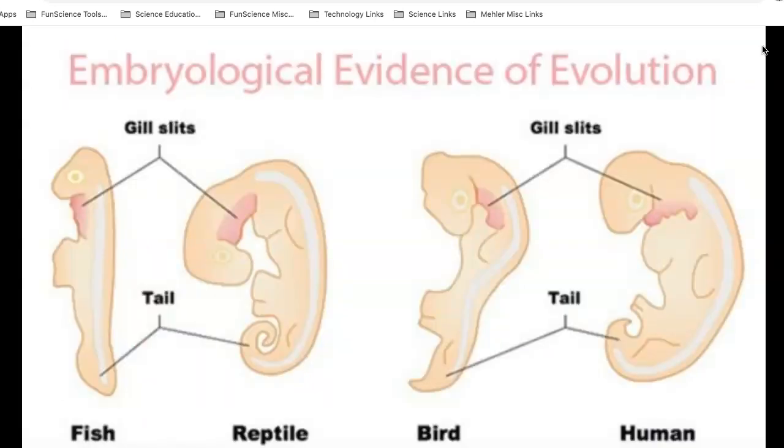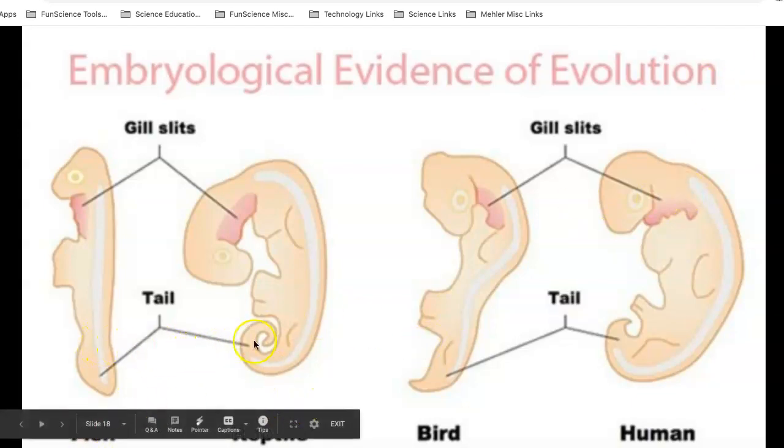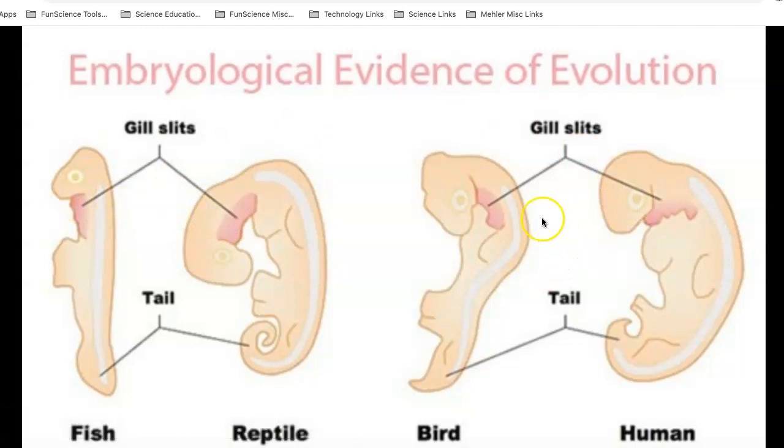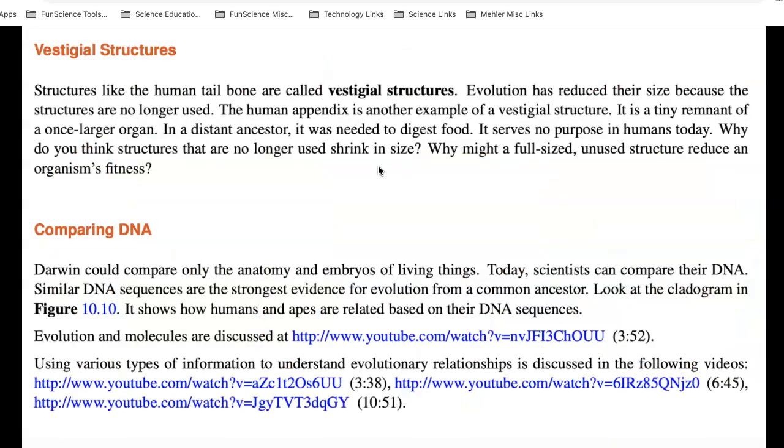Another thing that people find interesting is that there's evidence in embryos, embryological evidence of evolution. For example, did you know that fish and reptiles, while they're in the embryo, have a tail? That's not surprising. And that they have gills? Not surprising. But for a period of time, birds and humans' embryos also have gills and a tail, and then they go away as the embryo develops.